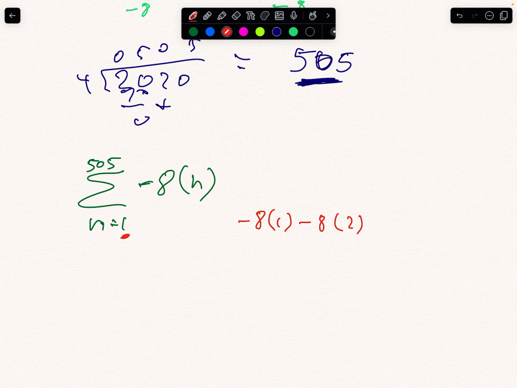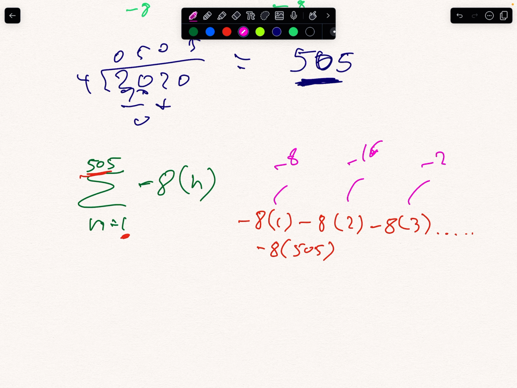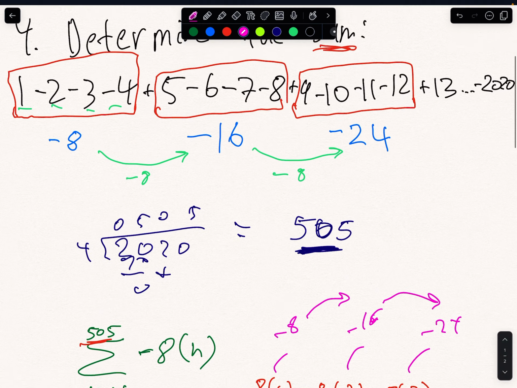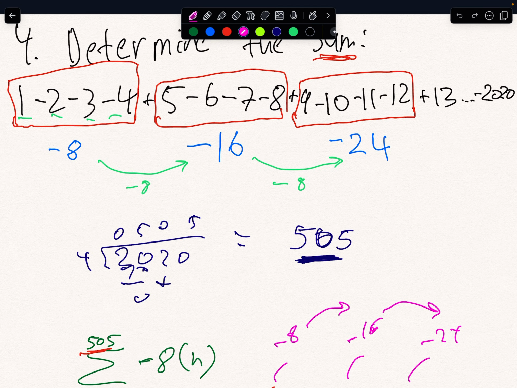It's going to bump up by 1 each time. So I'm going to get negative 8 times 3. And so on until my last n, my upper bound, which I wrote to be 505, I would get this. And if you figure out the expression for each of these, you would see I'm basically just modeling where I'm going down by 8 each time until I finally reach this final one, which is exactly what's going on here.